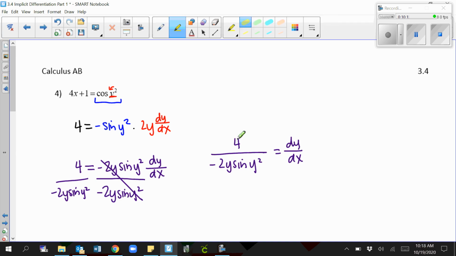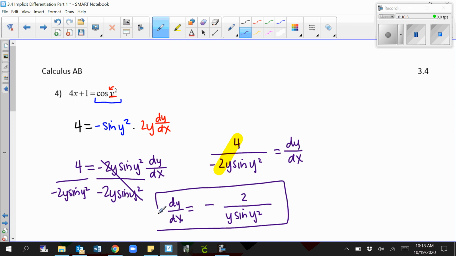But I can simplify this because I've got a 4 over a 2, and I can go ahead and bring the negative out in front. So a negative 2 over y sine of y squared. And I'm just going to put the dy over dx in the front because that's how we usually see it. So dy over dx is equal to negative 2 over y sine y squared.